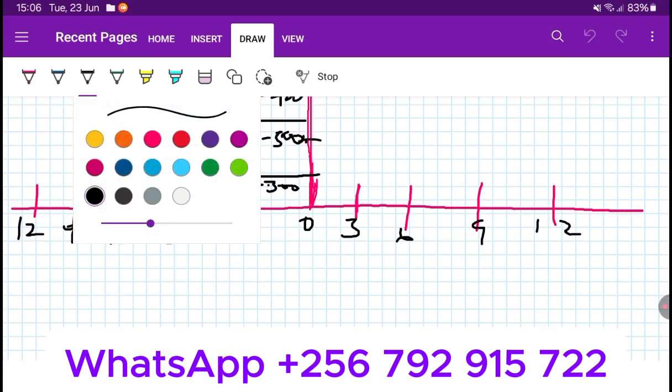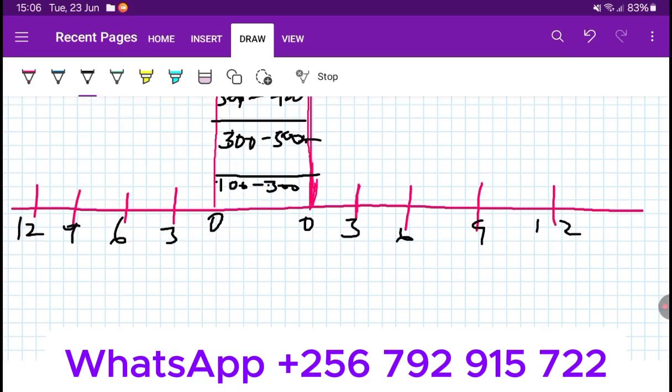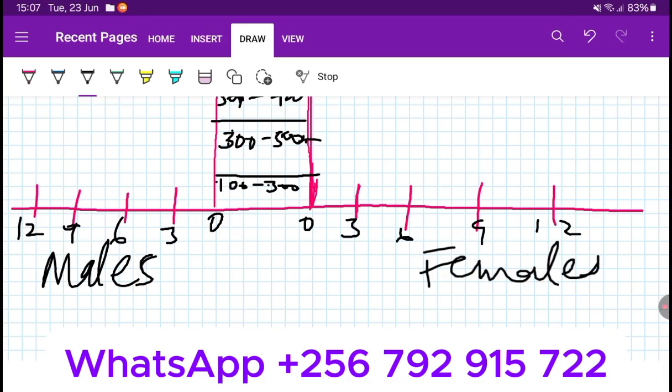Here we indicate that maybe we can say these are male, these are females. Either way, you can interchange and say these are male, these are female, any of that. That is in terms of our naming.